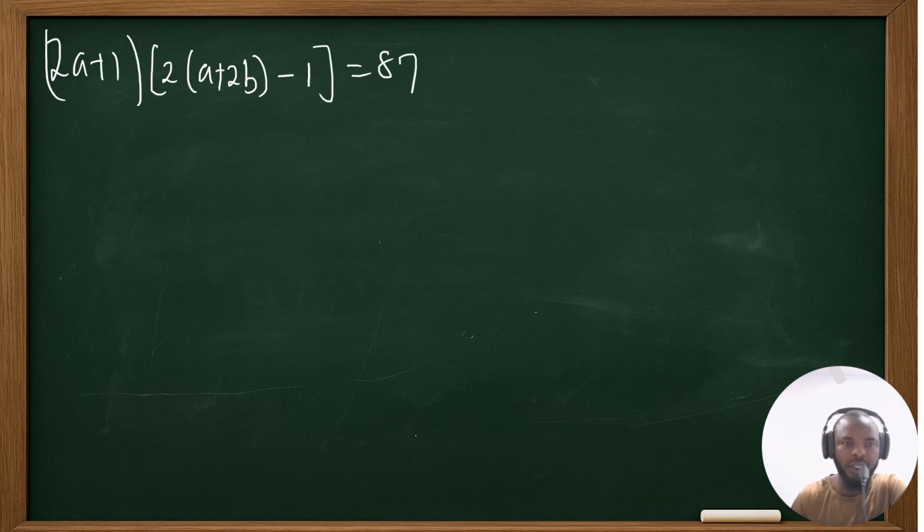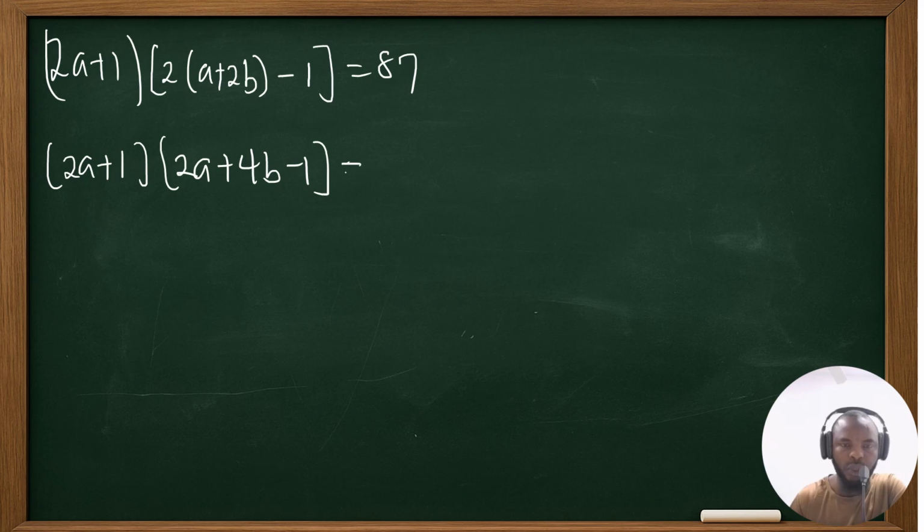By distributing this, we have 2a plus 1, times 2 multiplied by a, which is 2a plus 4b minus 1, equals 87.